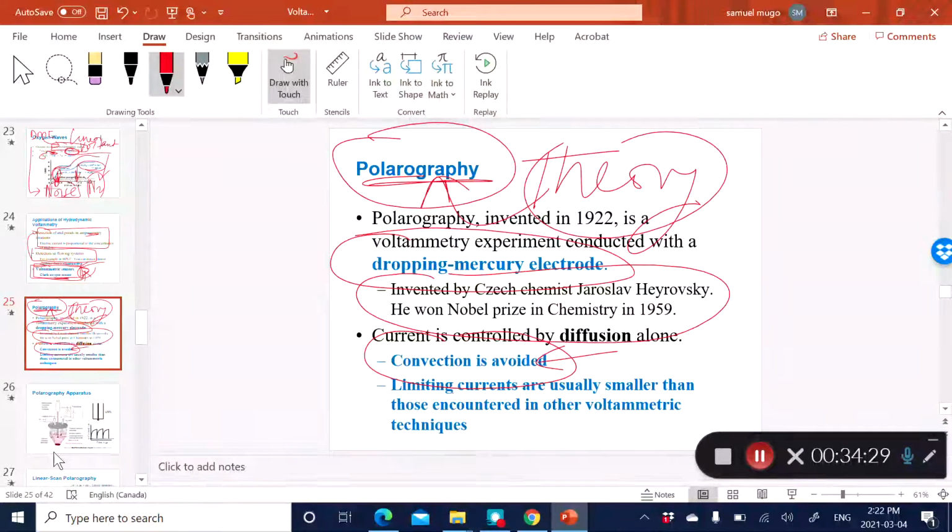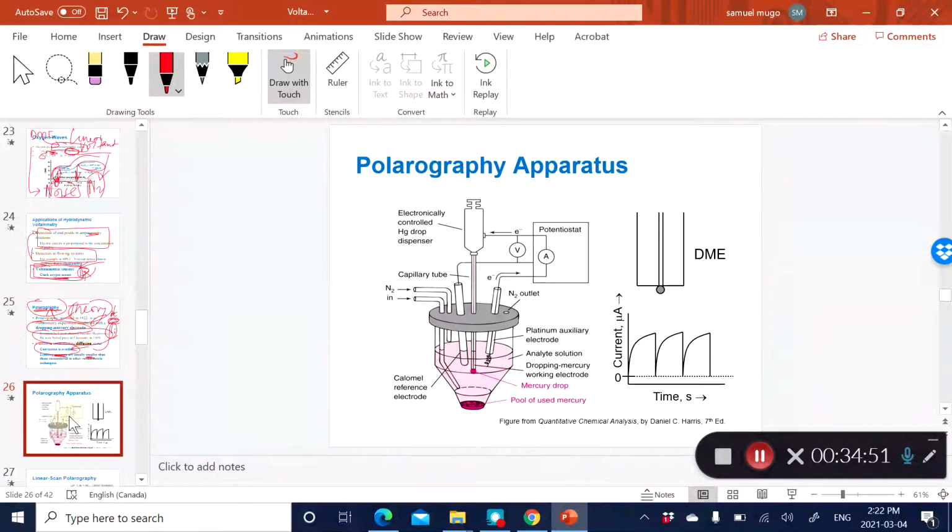And so the limiting current that I talked about, where the current is flattening in that sigmoid curve here, that limiting current is dependent on the ability of the analyte to diffuse to the electrode surface.